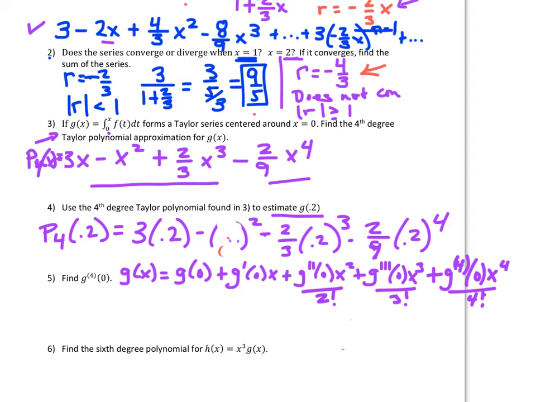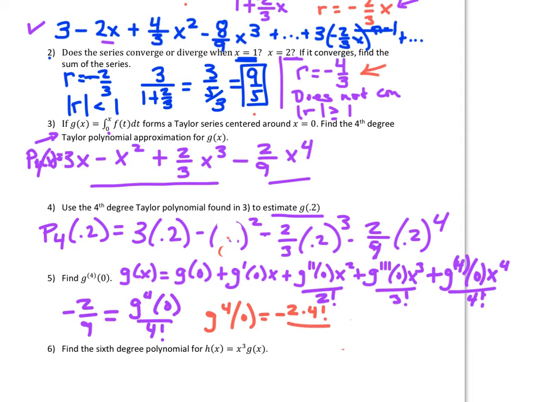So when I solve this, all I have to say is that negative 2/9 is the same thing as the fourth order derivative divided by 4 factorial. And when I do that, I can solve this and say that the fourth order derivative at 0 is equal to negative 2 times 4 factorial all over 9.